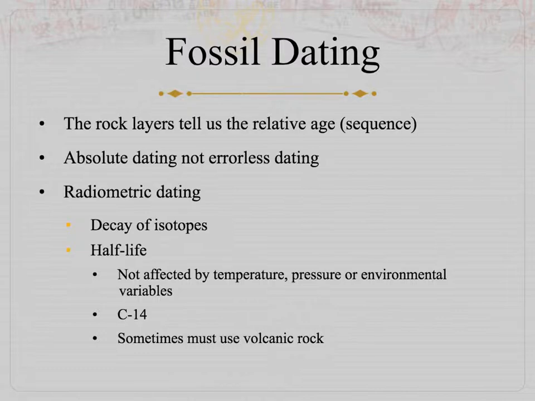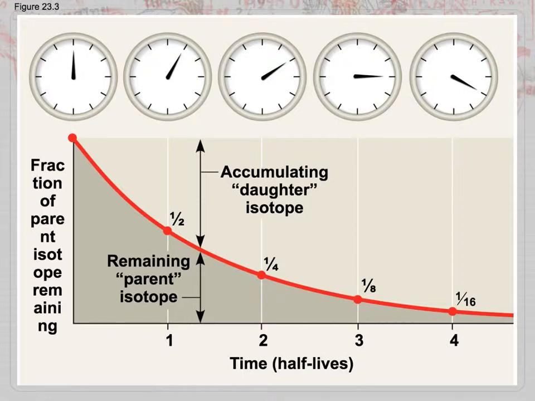And we can actually take a look at organisms that are in between two of the igneous rock layers, and then we can determine, okay, this rock was created 100 million years ago, this rock was created 125 million years ago, so this fossil is somewhere in between that age. Here's just a graph showing the half-lives and the amount of parent isotope that remains.